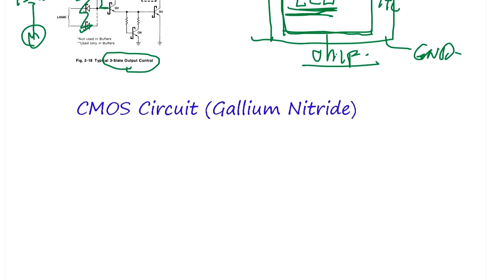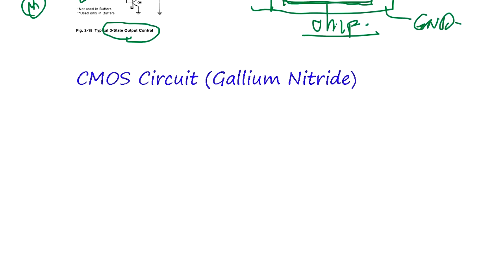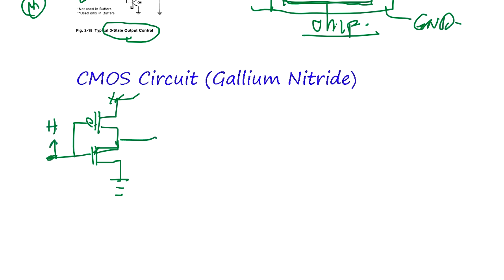How about CMOS? With CMOS, the operation is very different, because when this is high, you have a parasitic capacitor you have to charge up to bring this node up.